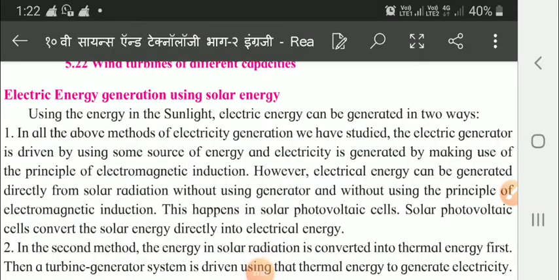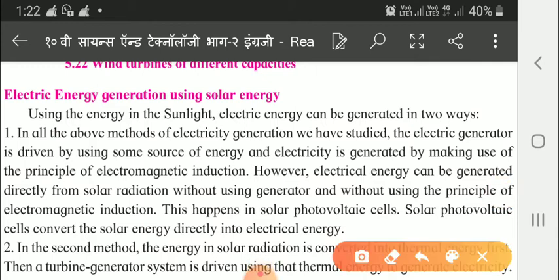So children, let us see now electric energy generation using solar energy. So this is the topic now. Already I explained with the slide that it is of two types. The main thing is that using the energy in sunlight, electricity can be generated in two ways.